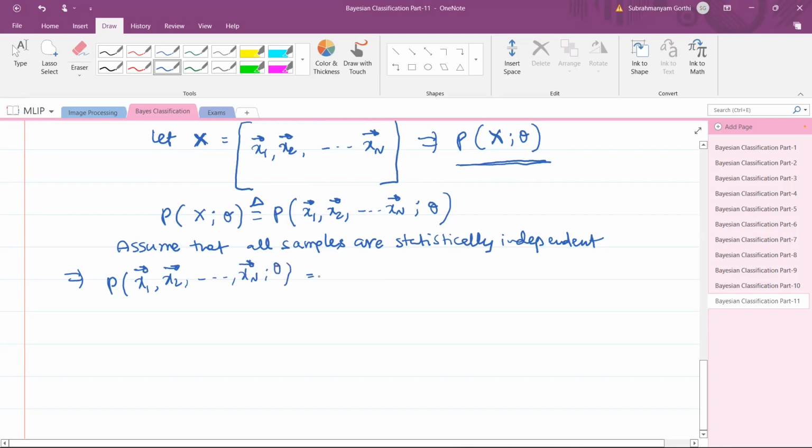I'll write a portion of the expression, then you tell me the remaining. It is the multiplication over k equal to 1 to n of the probability of, you tell me, xk bar for a given theta.